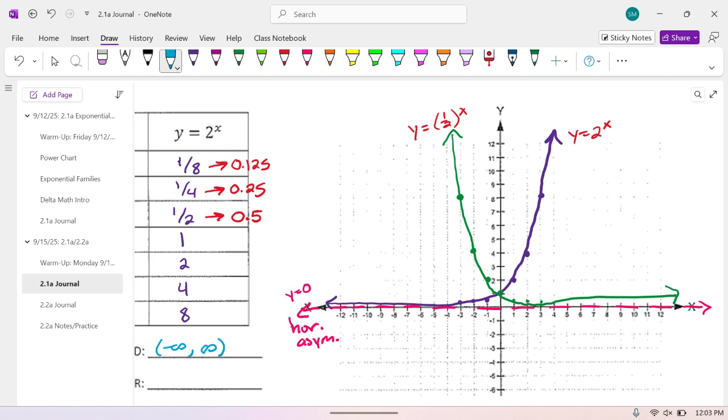What's another way I could state that? So I'm saying any number between negative infinity and positive infinity, I will have graph. What's another way I can state that? I kind of just told it to you.